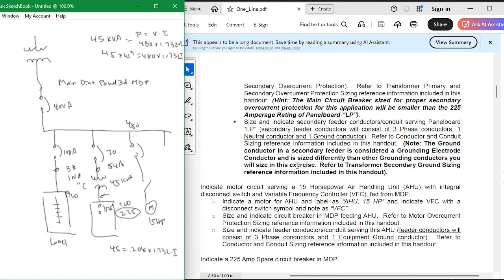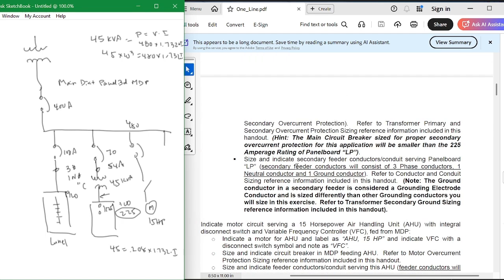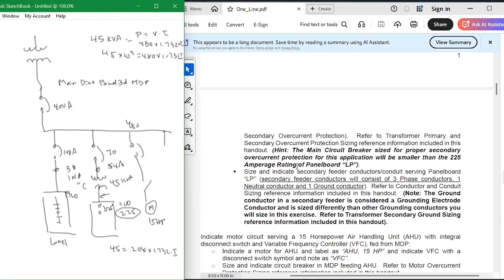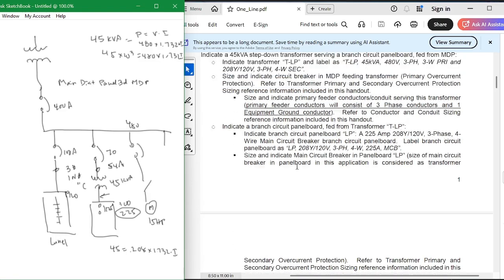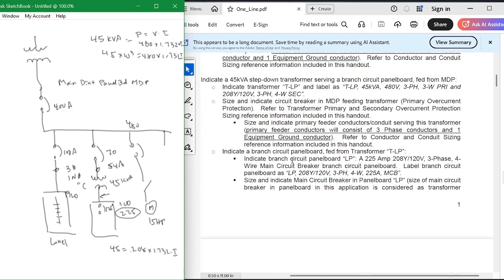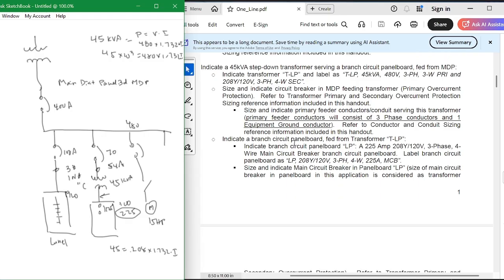Okay, so here is a 15 horsepower motor, air handling unit. What would it take for that?